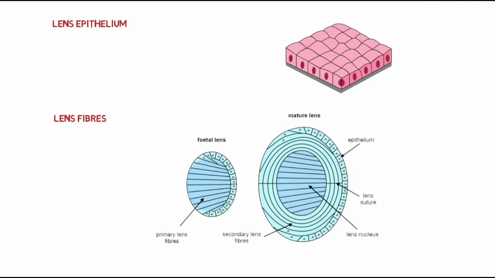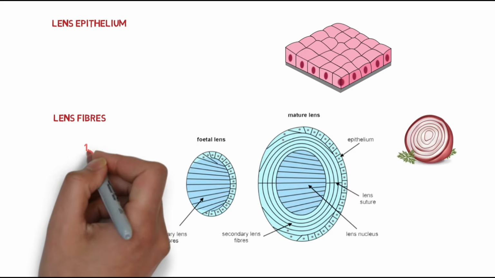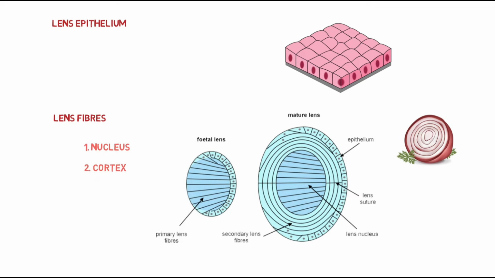Lens fibers make up most of the lens volume and are laid horizontally and concentrically like the layers of an onion. Look at this. Yes, it looks like onion peels. So these lens fibers are arranged compactly as nucleus and cortex.